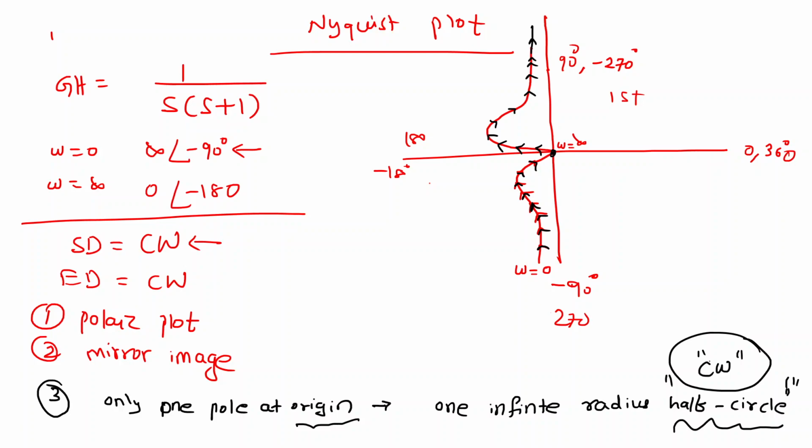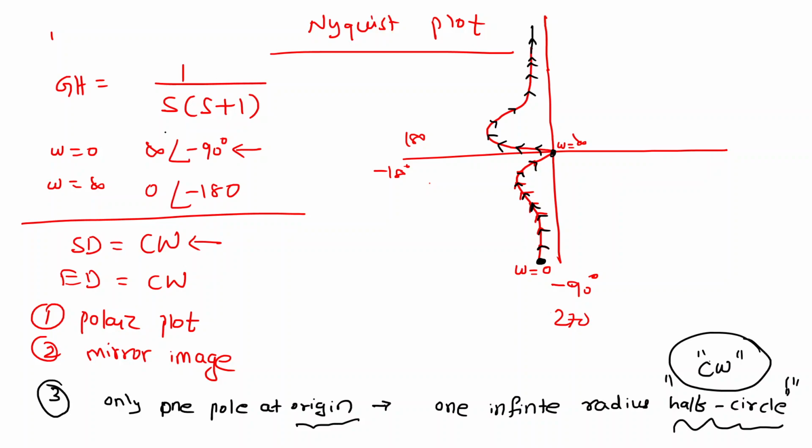Number of poles at origin equals number of infinite radius half circles, and the direction is clockwise. But in this case, only one pole at origin, so one infinite radius half circle. How I'll draw it, just listen. Wherever I have written omega equal to 0, what is the magnitude here?